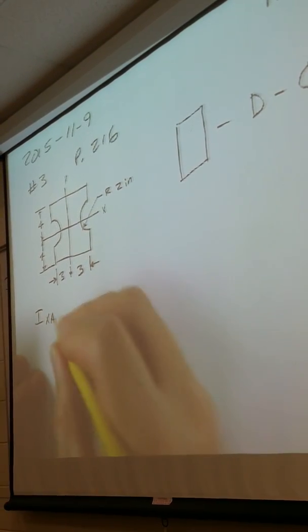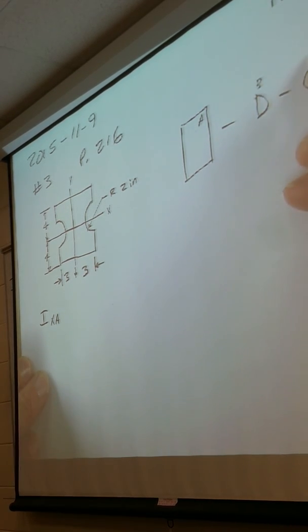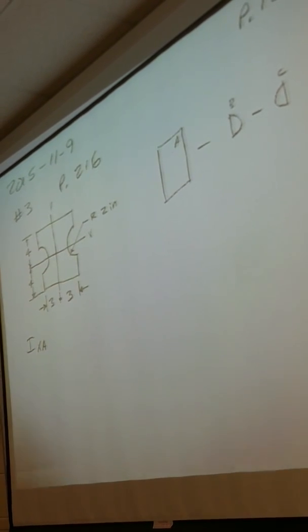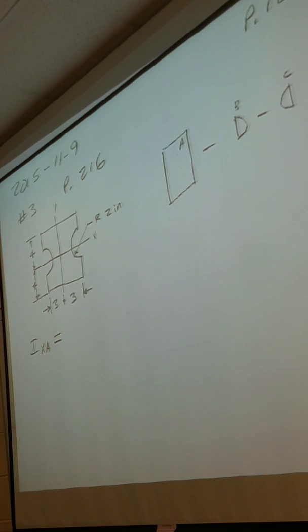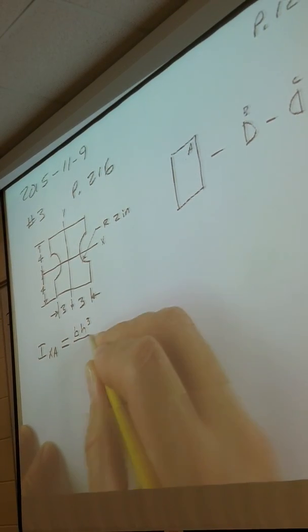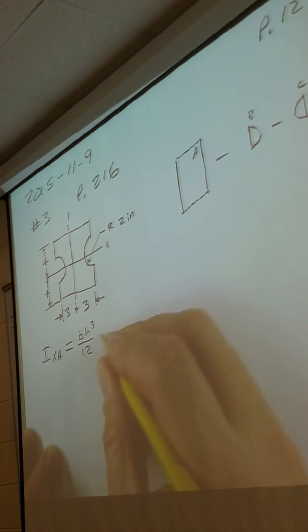Alright, so let's say that I called this an A and this a B and this a C. I'd like to find IXA. Base times height cubed divided by 12.